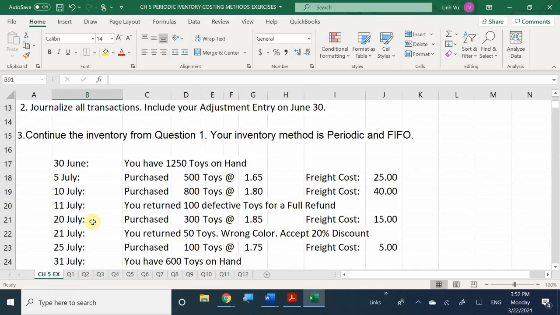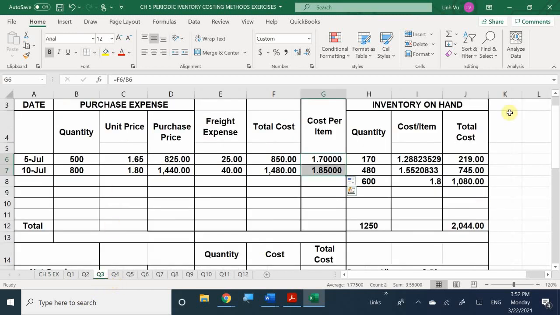So then what has happened next on July 11th? You had a return. We returned 100 defective toys for a full refund. Okay? So once again, assuming this came from the previous batch, what am I going to do with these 100 items?